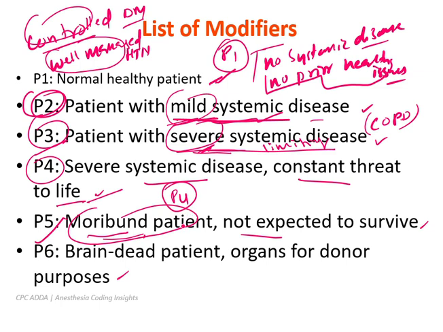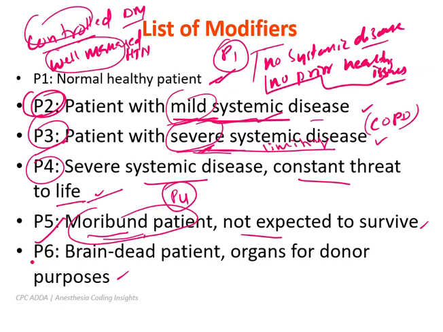For example, a trauma patient with massive internal bleeding. If you leave that patient as it is, he will definitely expire. At least if you do surgery, there is a chance of survival, right?